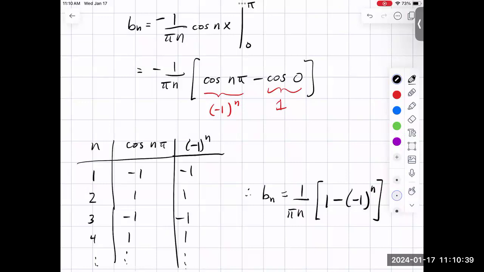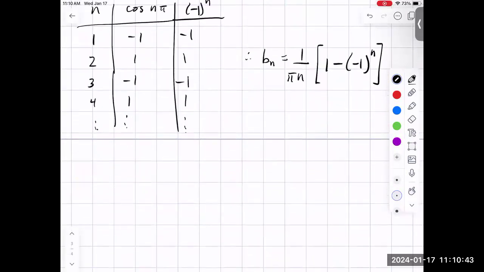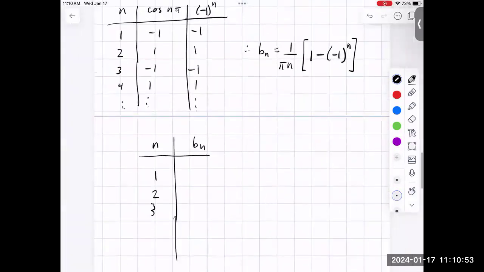So those are our bn coefficients, and let's see what they end up looking like. So this is n and bn. We'll do a few of them. Okay, let's try n equals 1.